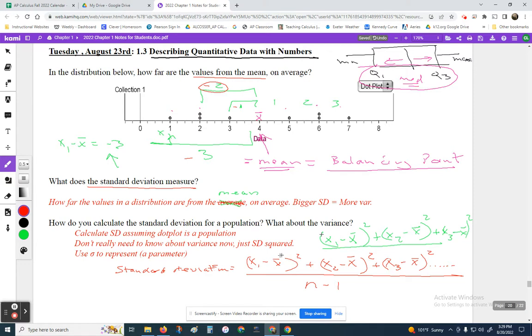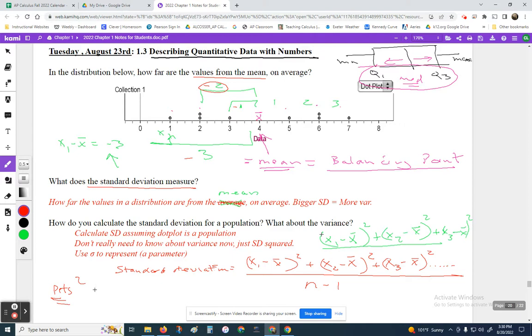If I square all these, all of a sudden my units are squared. So if we're talking about pets, this set of units would be pets squared. Let's say this is the number of pets people had. That unit, pets squared, makes absolutely no sense. So I'm 4 pets squared away from the median, I'm sorry, from the mean.